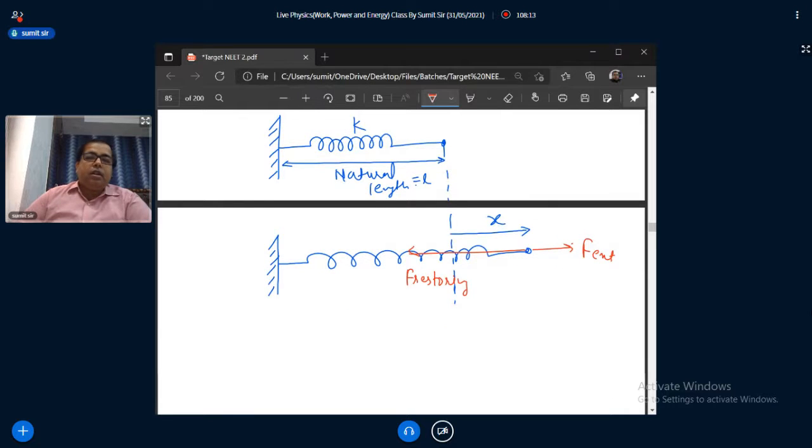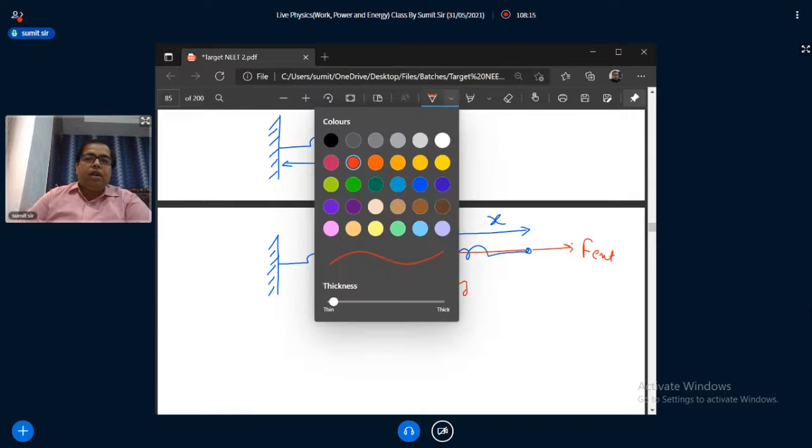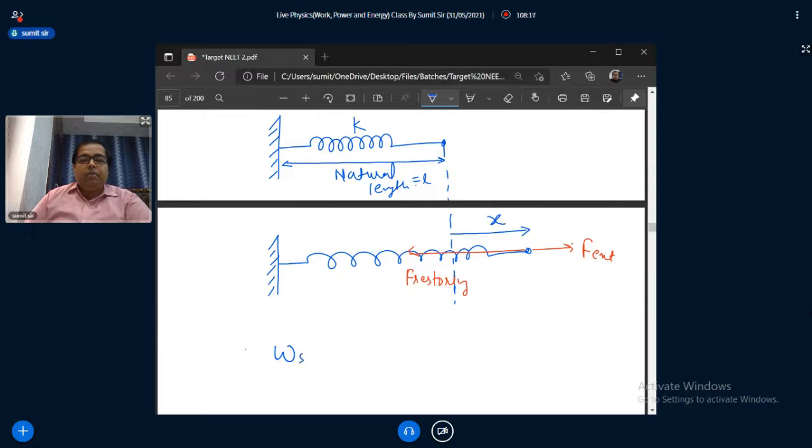So the work done in this case, we have already calculated. Work done by spring is equal to minus half kx square.